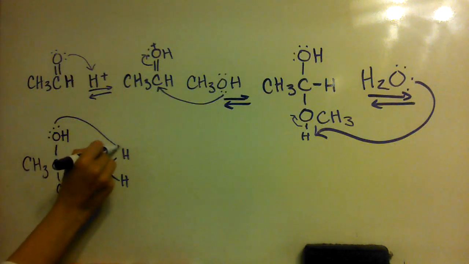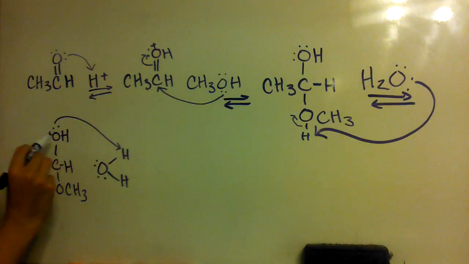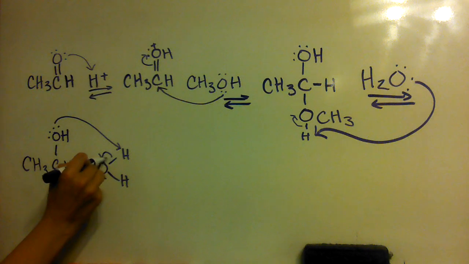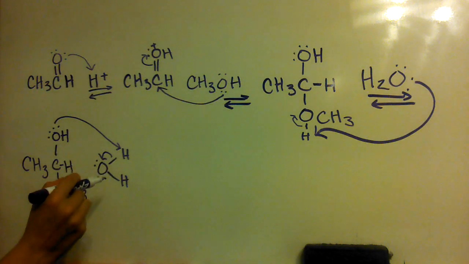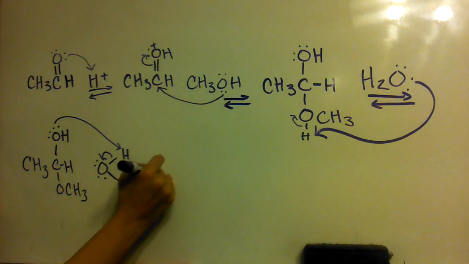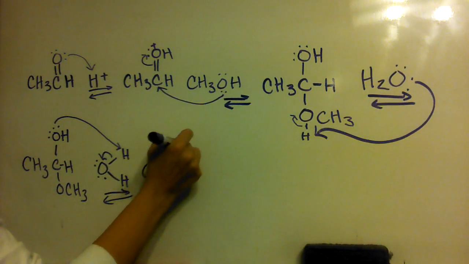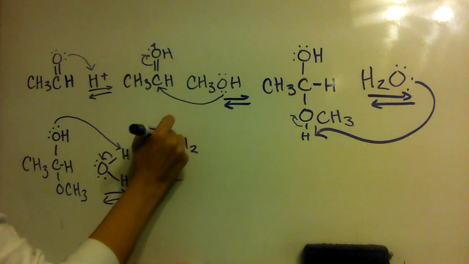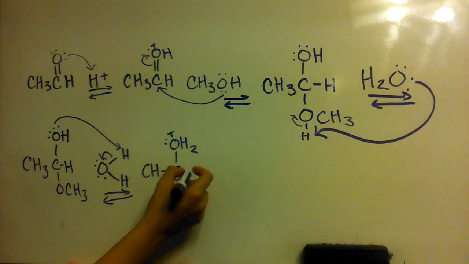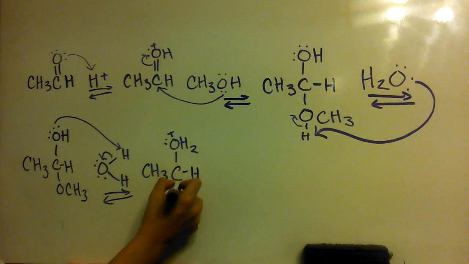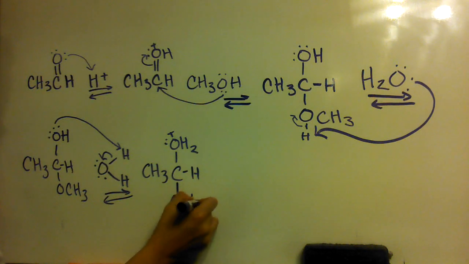So we're going to add the water. The electrons from this oxygen and the OH are going to come and attack the hydrogen. It's going to break the bond in the water. Now we're going to have that protonated OH2. That means it's positive charge, good leaving group, and we have our OCH3.